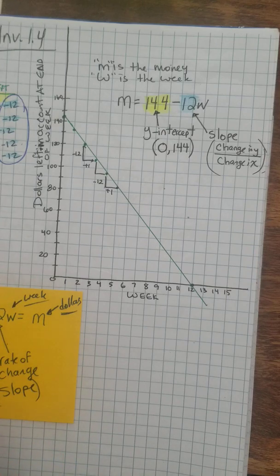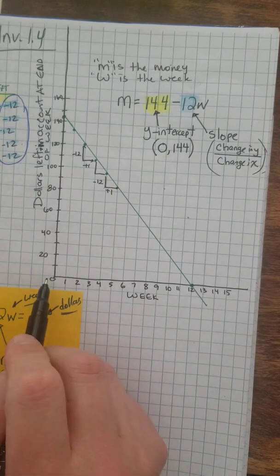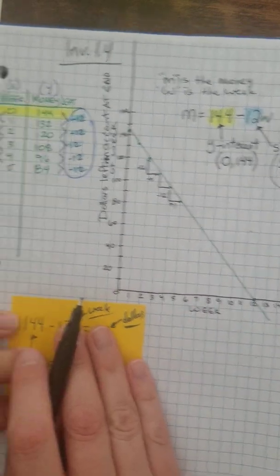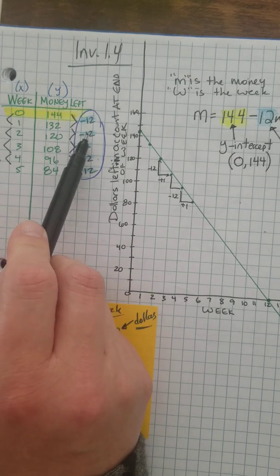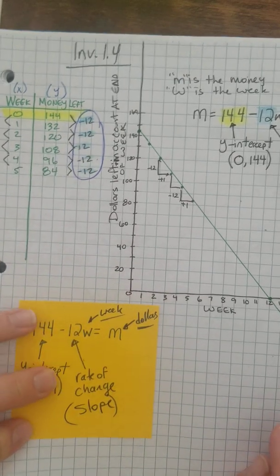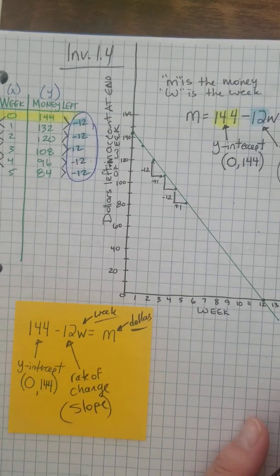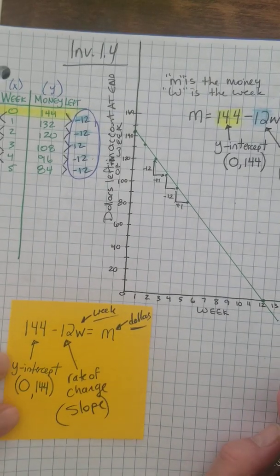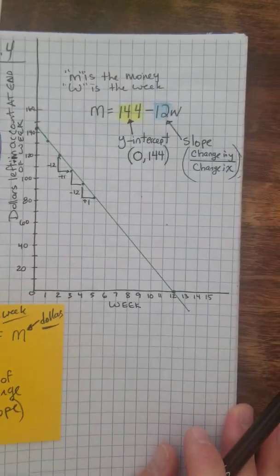Typically graphs go up by 1s, 2s, 5s, 10s, 20s, 100s, things like that. Please do not get in the habit of making your graph go up by whatever the change is, because that could potentially mess you up as we move further along with our linear relationships.